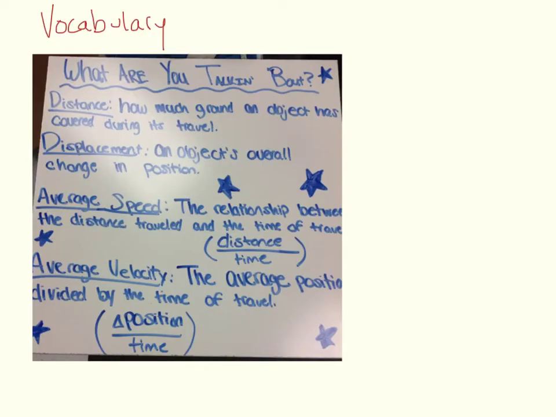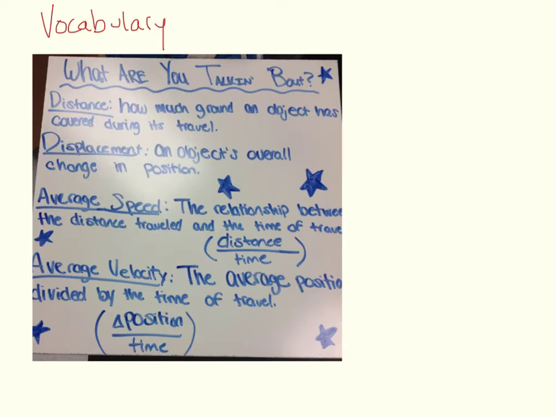All right, so one of the first things I asked you to do today was to define 4 terms for me. And so here's one group's definitions right here, and they're pretty good ones, and we'll add some to that as well. And so for distance, what they've put there is how much ground an object has covered during its travel, okay? Which is very close to what I use for my definition.